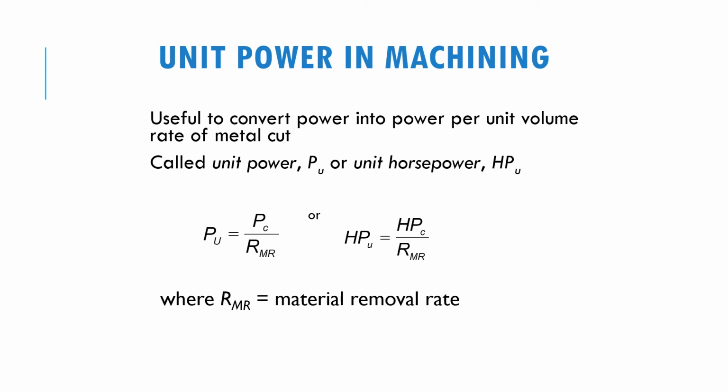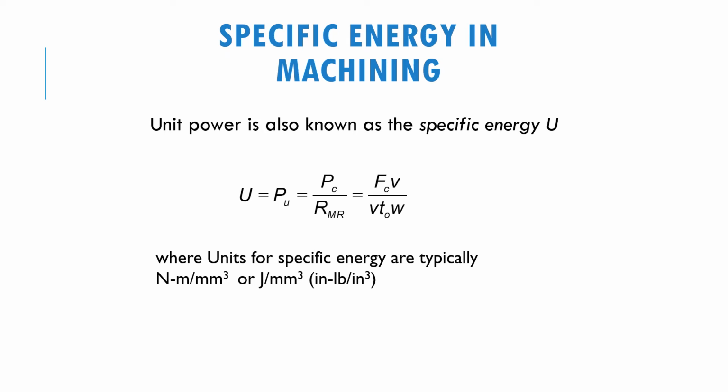So to make it a complete equation, U or PU equals PC over RMR, or equals FC times V over V T naught W. V T naught W is for the milling operation, but for turning you can use V F D.